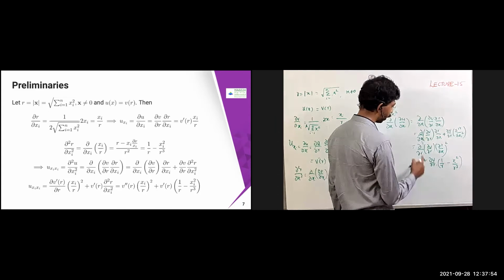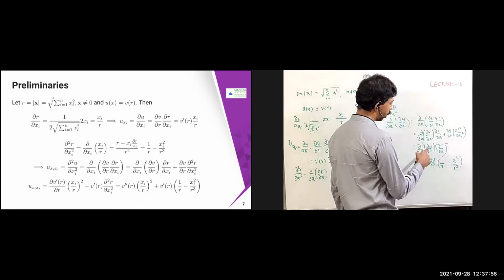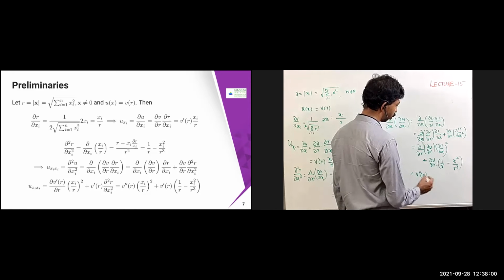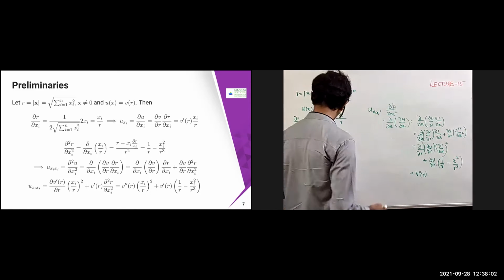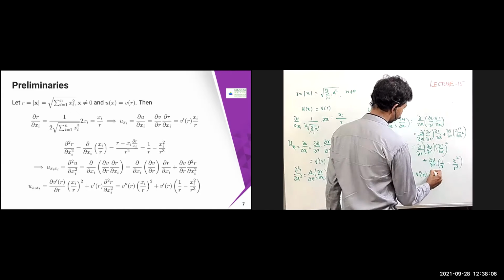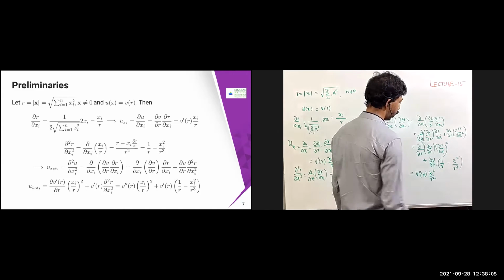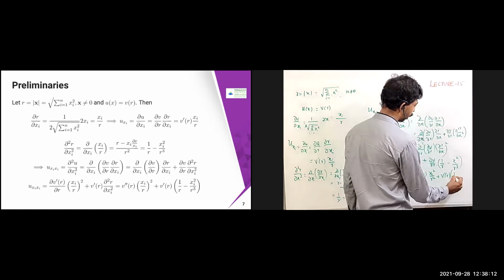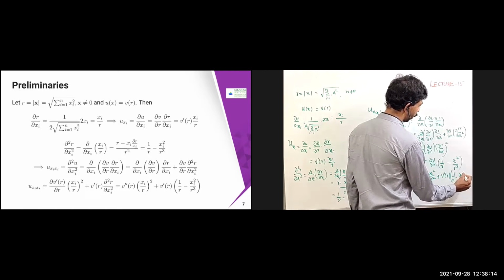So this I can write as ∂/∂r of v'(r), which is v''(r), into ∂r/∂ξ_i squared, that is ξ_i² by r², plus v'(r) into 1/r minus ξ_i² by r³.